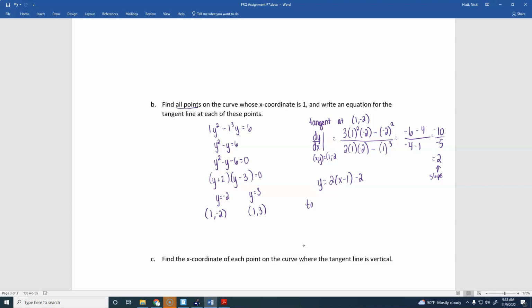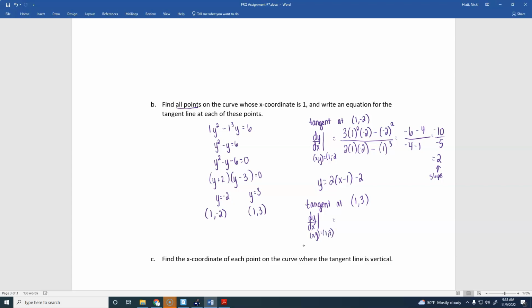And then we'll go back and do the same thing, which I'm going to do quickly here because we're running out of time. So 1, 3, and again, the notation for that derivative is dy/dx such that (x, y) = (1, 3).